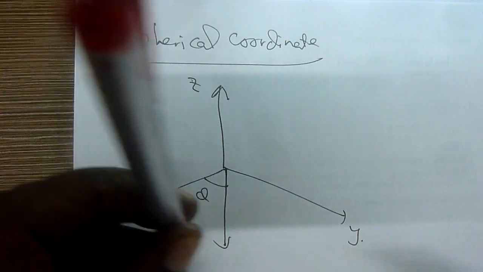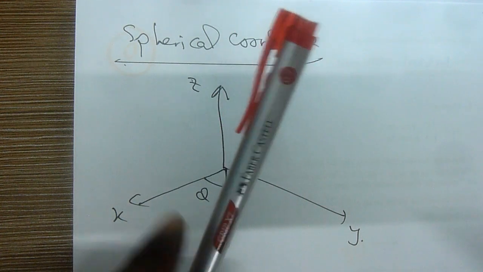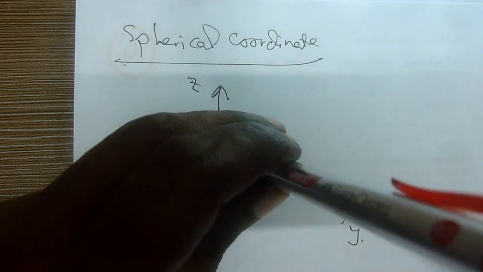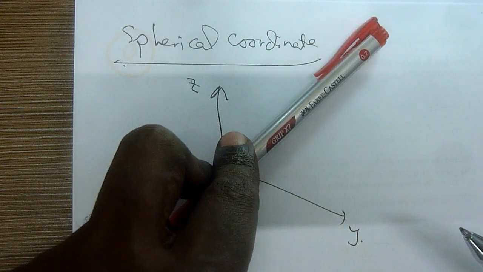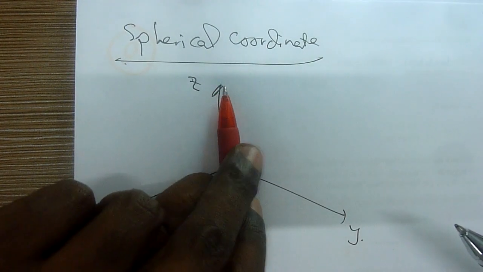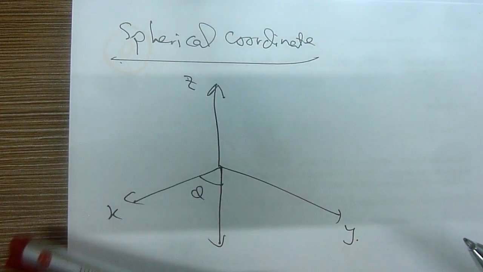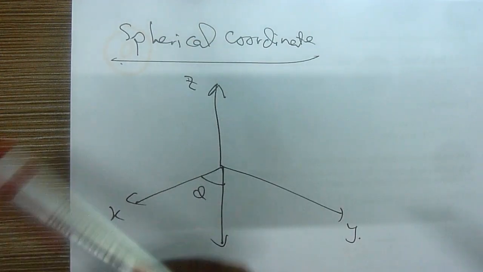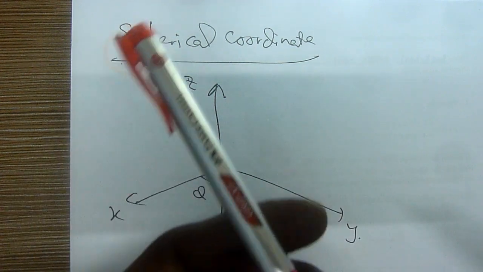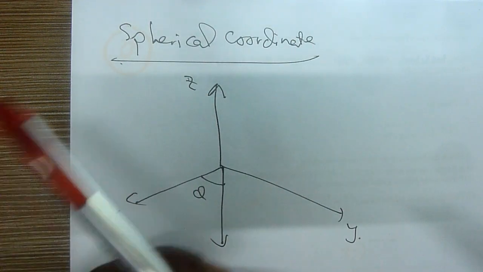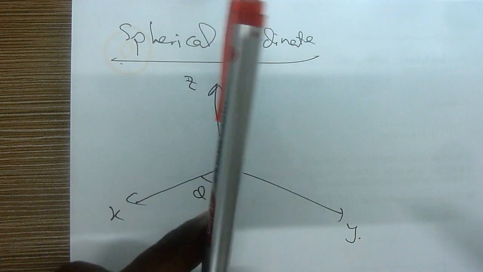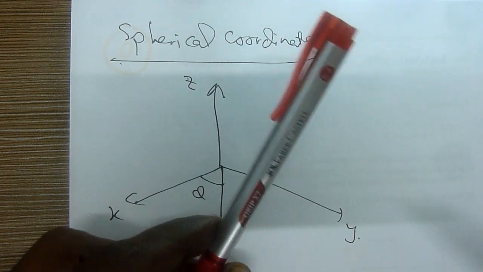Actually, we're going to use this as an arm. The arm can go here or here, up, down, and rotate like that. We're going to use this one arm system to plot this coordinate.